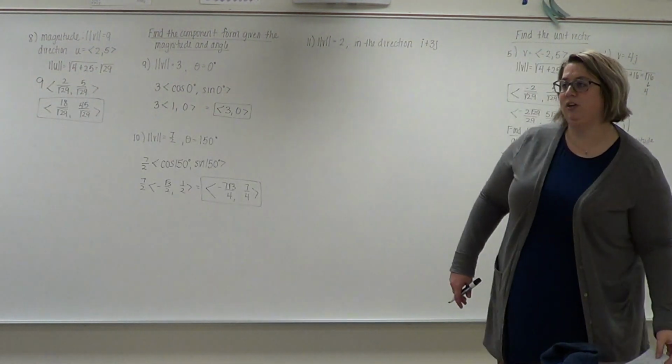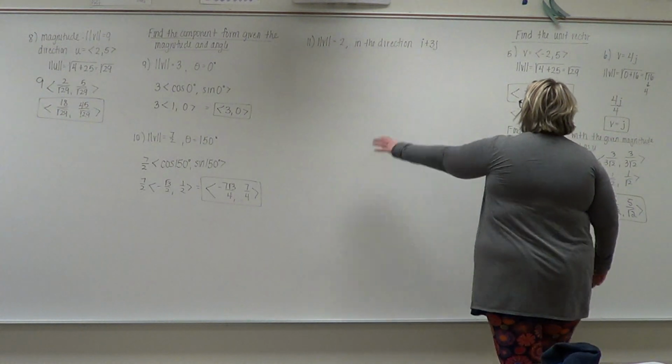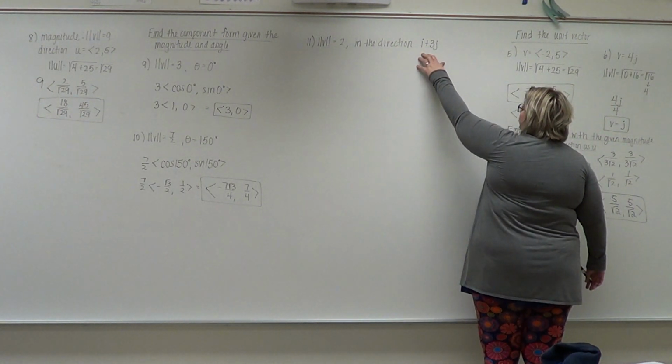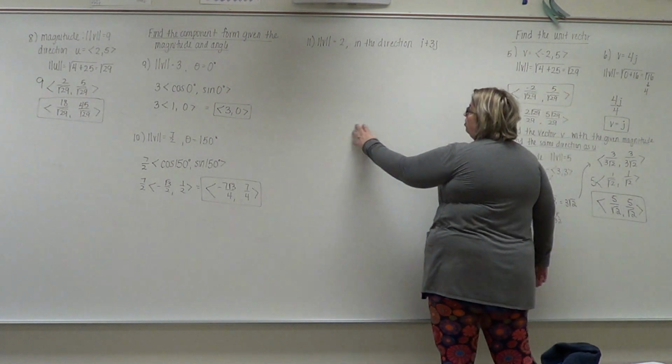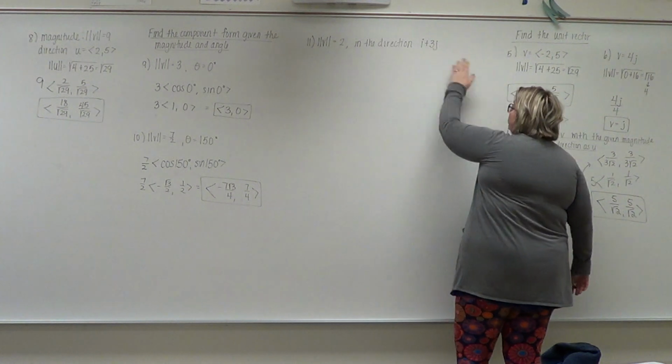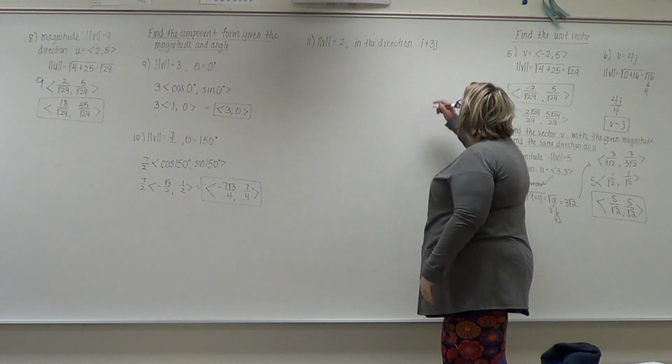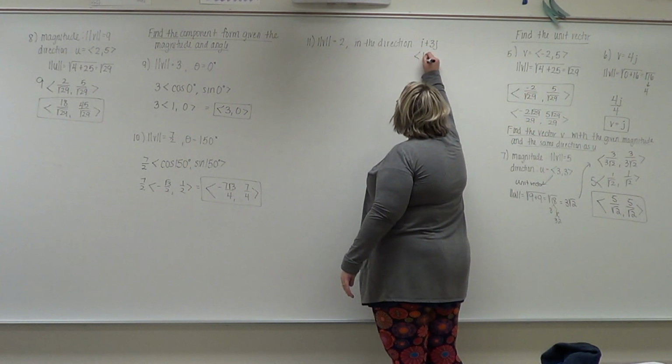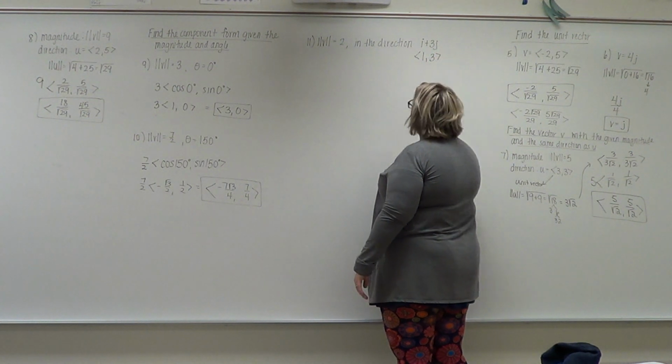Okay, what's the difference on this one? Well, this one's written as a linear combination. So the first thing you want to do, since we want our answer in component form, is convert this to component form. I is just the first number, the j is the second number.